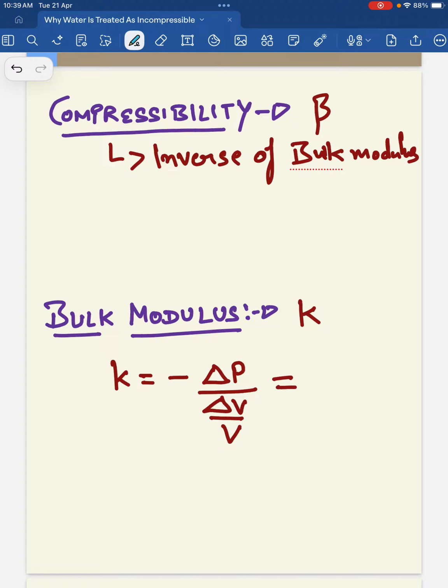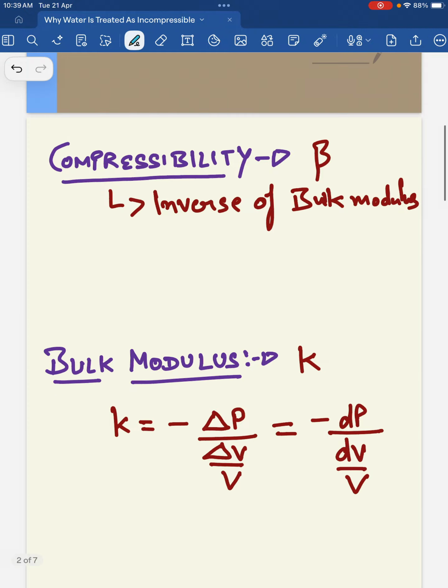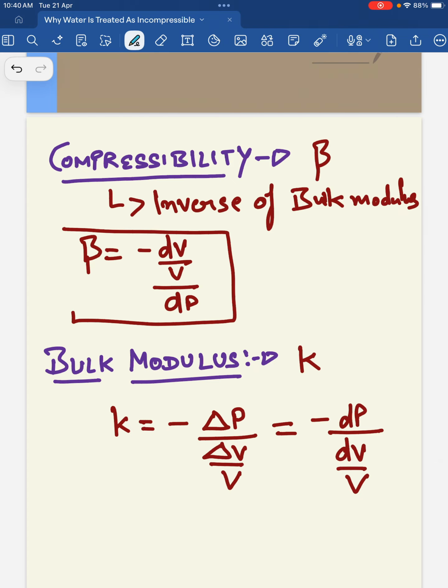Or in differential form you can also write it as dP upon dV upon V. So this is your bulk modulus and it is the inverse of compressibility. If you write compressibility here, it is the inverse, so we can write it as minus dV upon V divided by dP. So this is your compressibility.